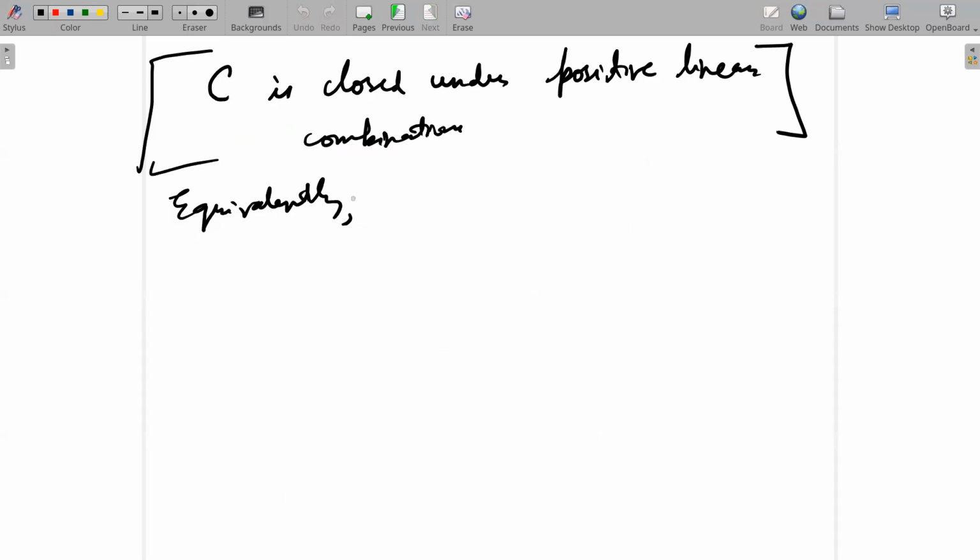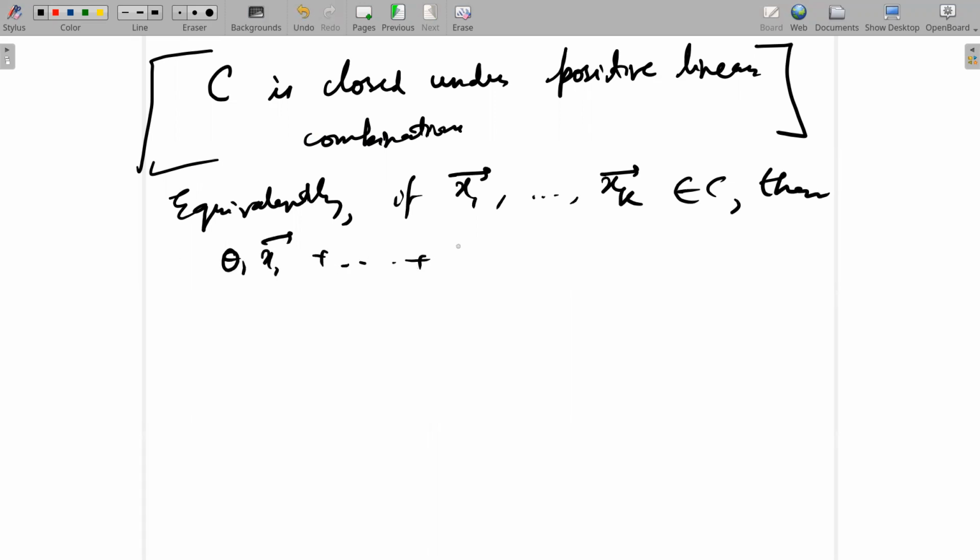So let me just write it out. So equivalently, if you have k vectors x1 through xk in C, then theta 1 x1 all the way up to theta k xk belongs to C for all these theta i's bigger than or equal to 0.